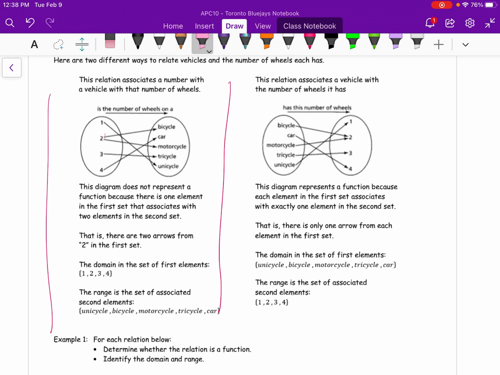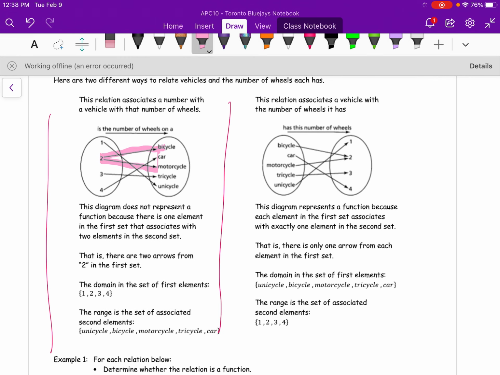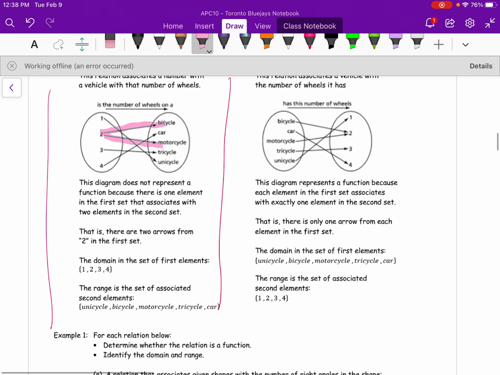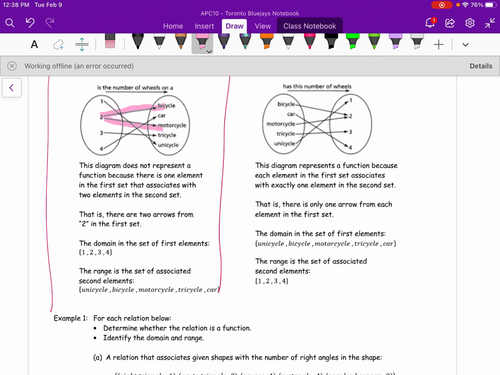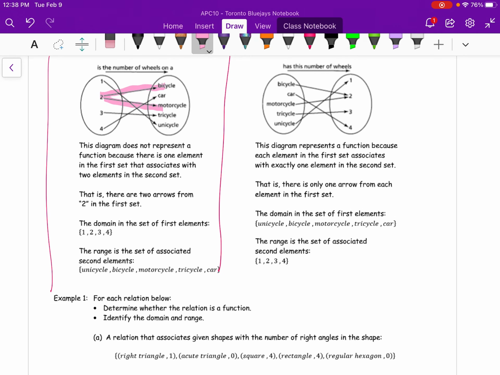For the element 2, I can think of two vehicles that have two wheels. For the element 3, a tricycle would have 3 wheels. 4, a car would have 4 wheels. So this diagram does not represent a function.